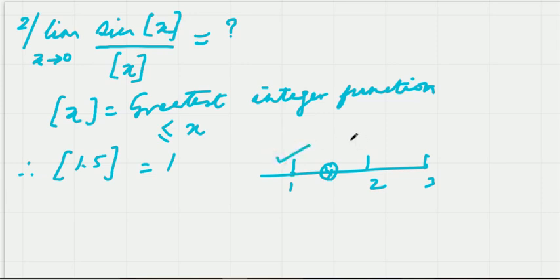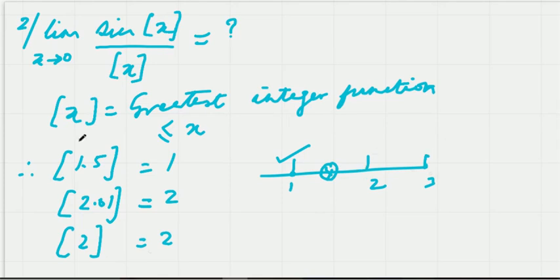Similarly, the greatest integer function of 2.01 is 2, because 2 is the greatest integer which is less than 2.01. If it is 2, it will again be 2, because the greatest integer function gives less than or equal to x.